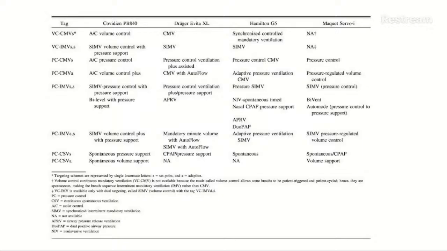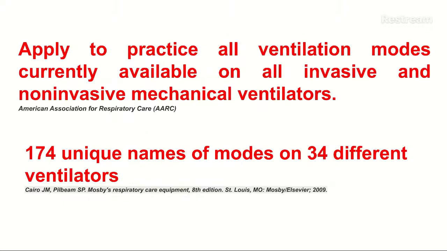Maquet, names are this. And actually they are this. So the names are different. So it is standardizing the names, the nomenclature, that you need to know. Things are easier if you know them.